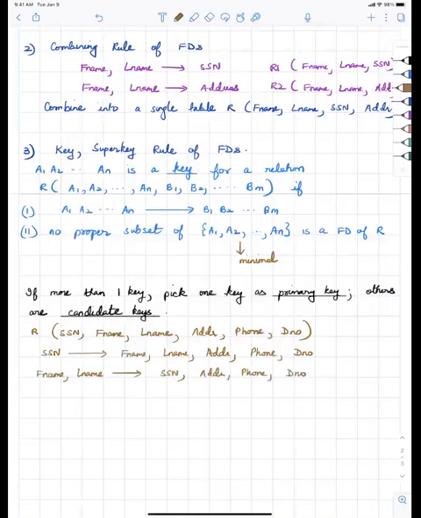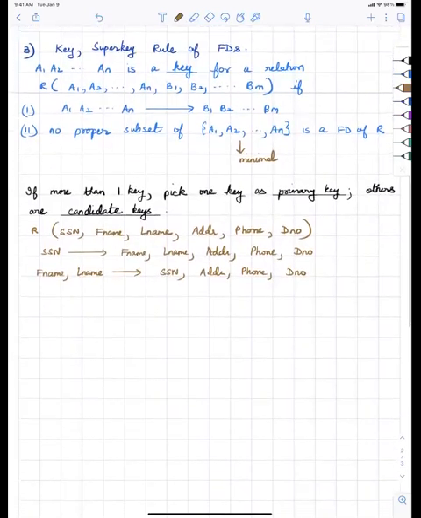So in this case, both of them determine all the other attributes. So both of them are keys. SSN is a key. Also, first name, last name is a key.